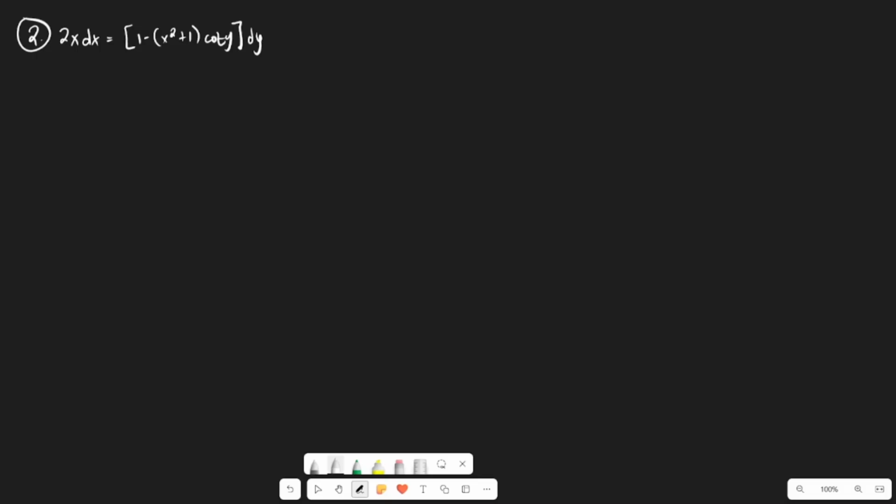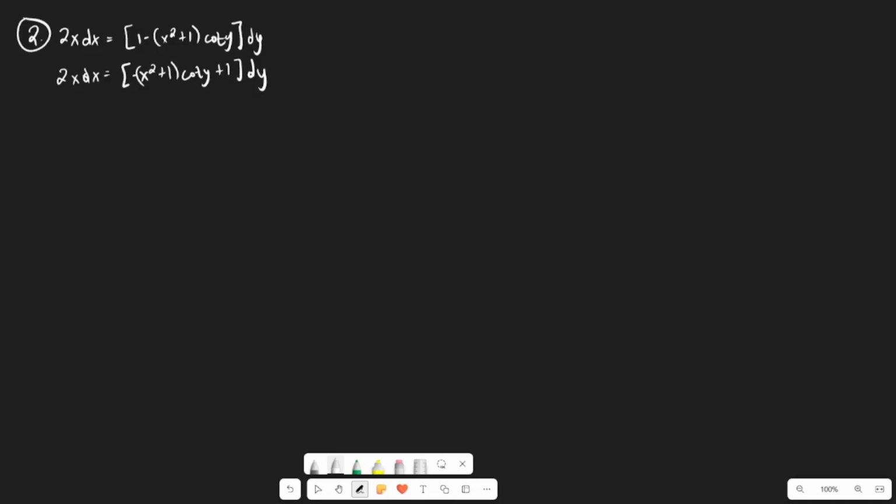So the first thing that we're going to do is rewrite this as 2x dx equal to negative x squared plus 1, plus 1. So I basically just swapped their places, this one plus this one.